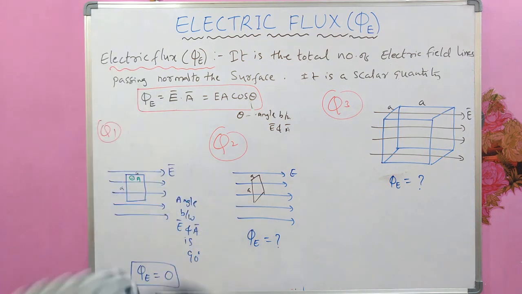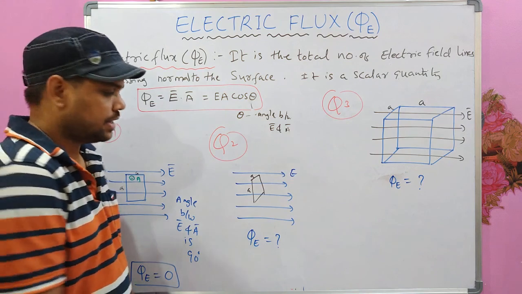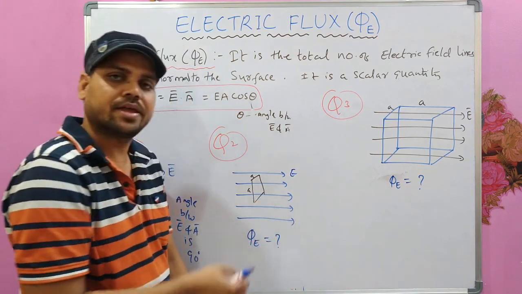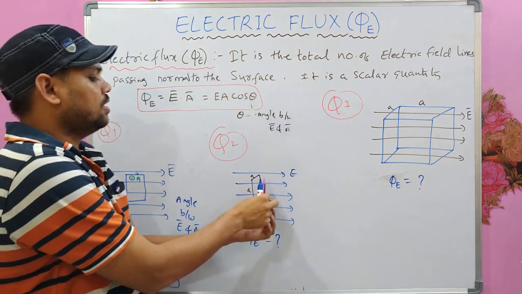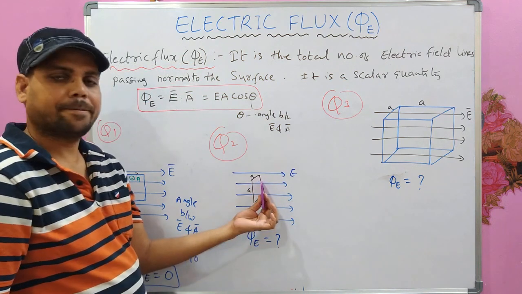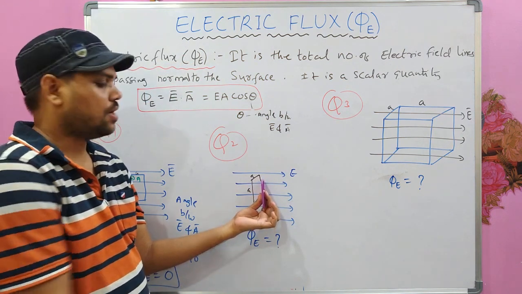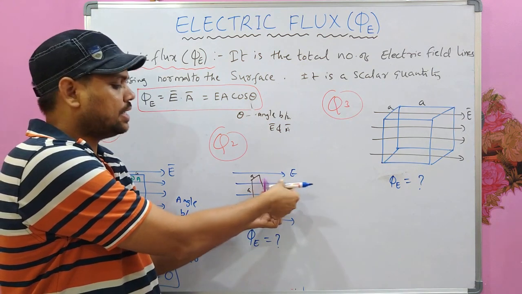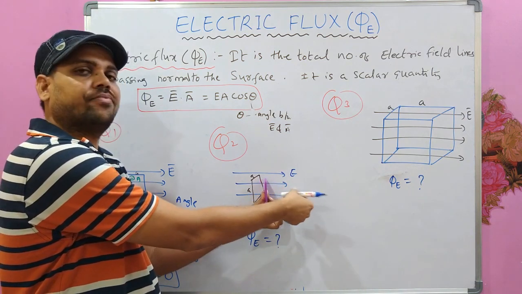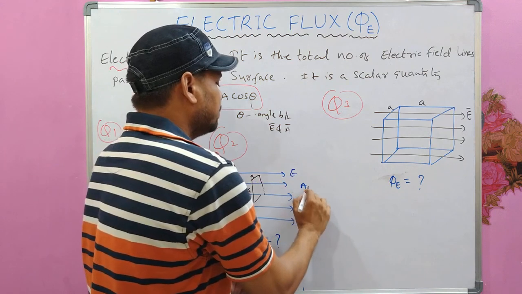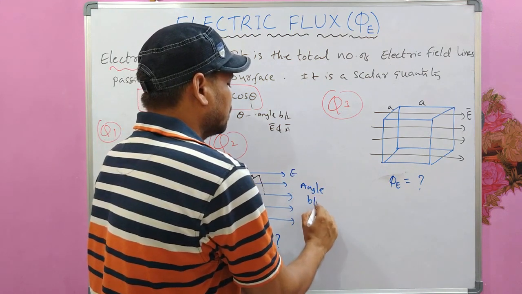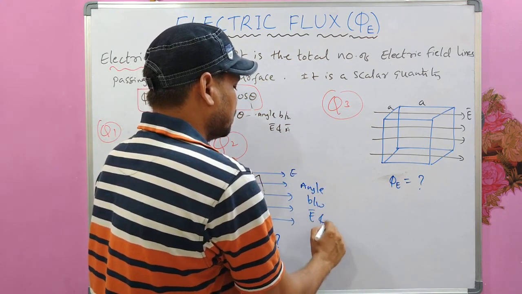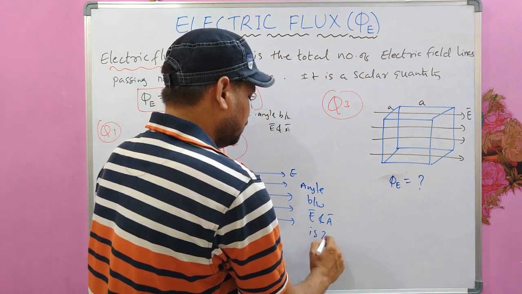Now I have taken another example. The electric field direction is this way, and I kept the surface in this way. Now the area vector direction is this, and the electric field direction is also this. The angle between E and A is 0.